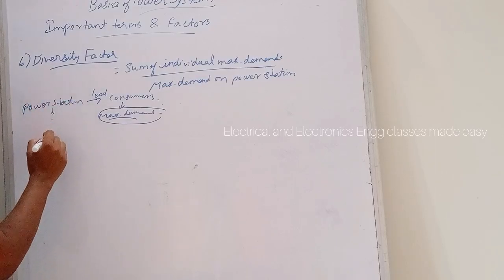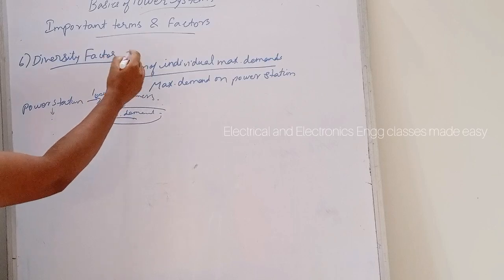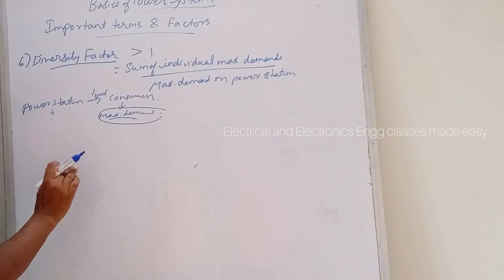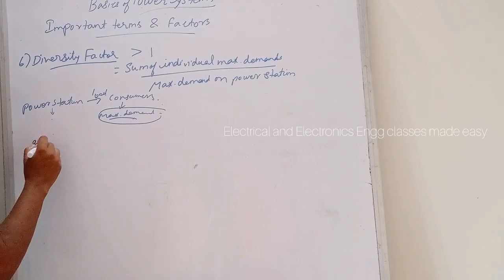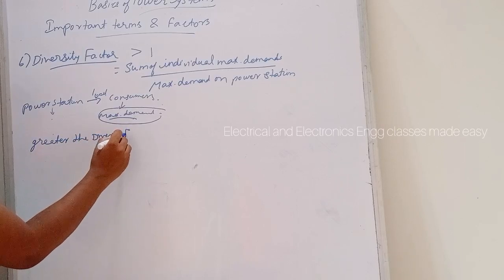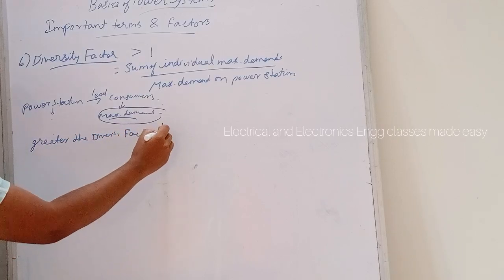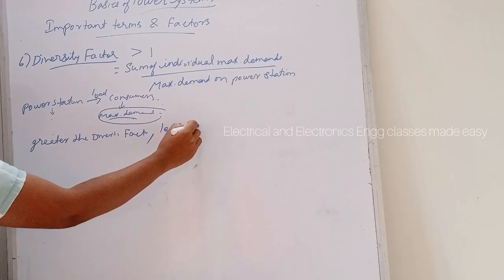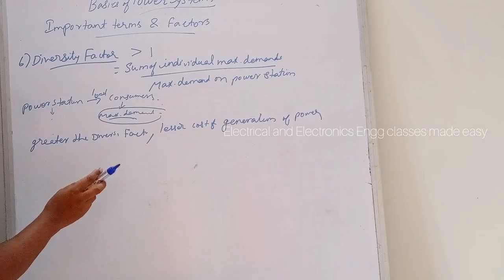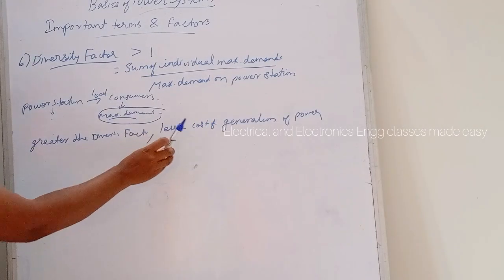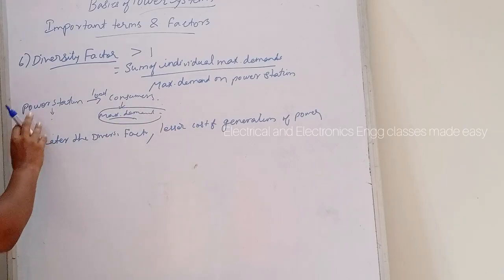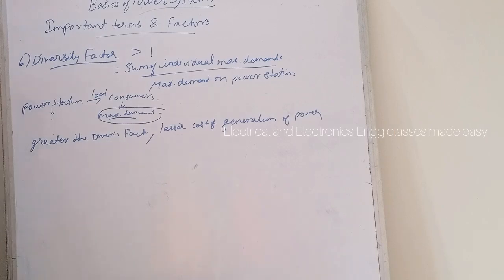So the diversity factor is always greater than 1, and greater the diversity factor, lesser is the cost of generation of power. So that is about the diversity factor.